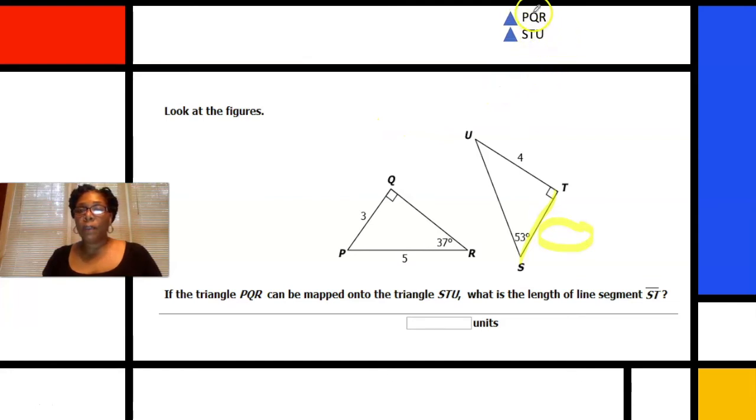So here is P and Q. I'm highlighting P and Q here. And what corresponds to P and Q? S and T. So ST corresponds to PQ. And what is the length of that line segment? 3, which means that ST is going to be 3 units as well.